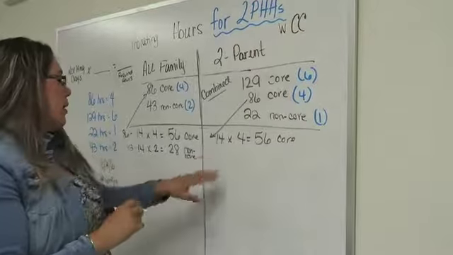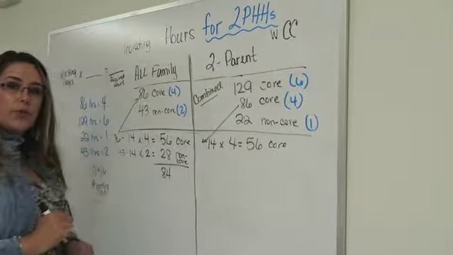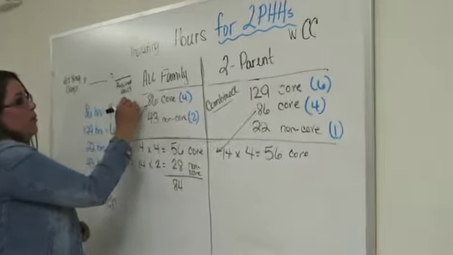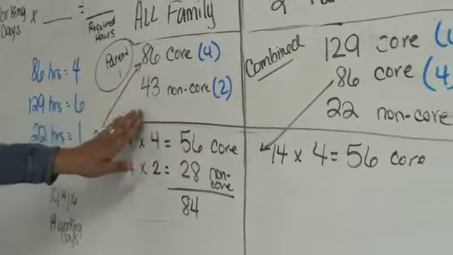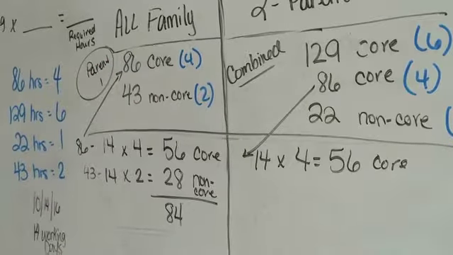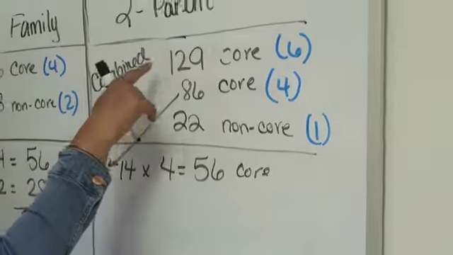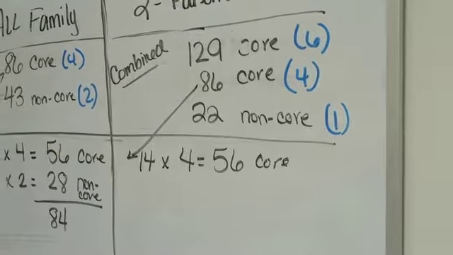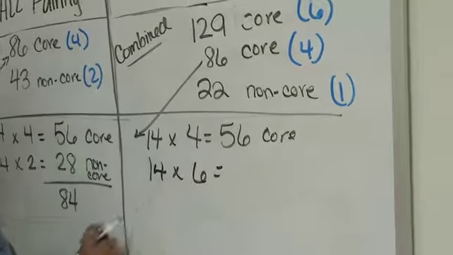Okay. Now let's go ahead and move over here. So we know this parent will be completing 84 hours for this prorated month. Parent 1. Because remember, the all family rate states that one parent has to be completing 129 hours, of which a minimum are 86 in a core. And so let's go ahead and look over here and we'll do these prorations. So for the 129, we're going to multiply the working days left in the month times 6.